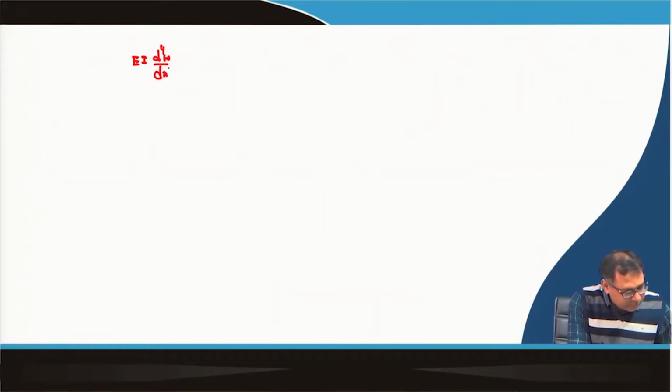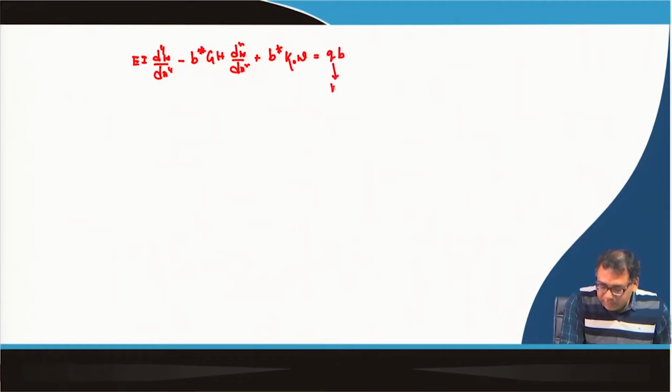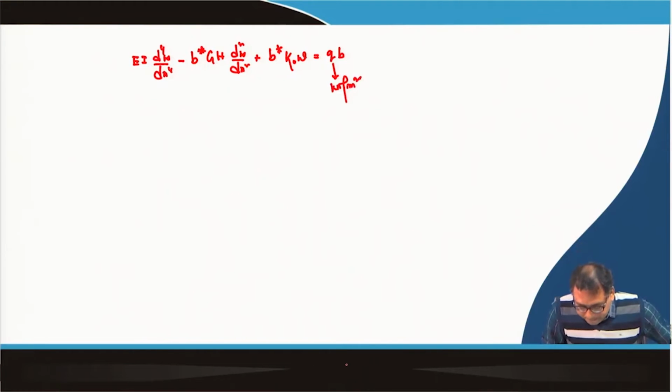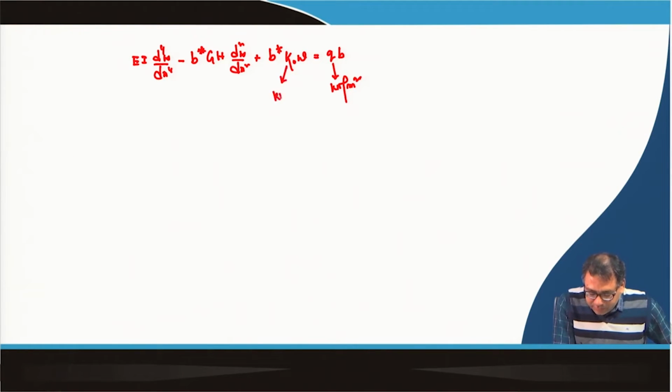So, for a beam on the 2 parameter model, your equation is E I d4 w dx 4 minus b dash G h d square w dx square plus b dash k 0 w is equal to q b, if your q is in kilonewton per meter square and k 0 is kilonewton per meter square per meter. Okay.